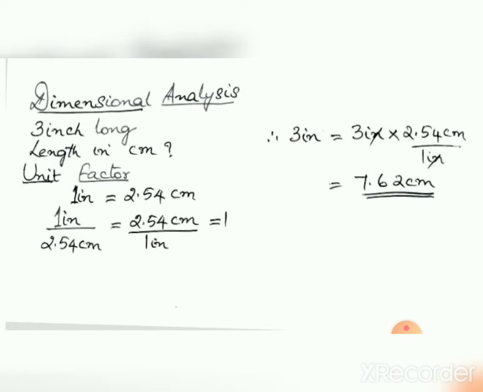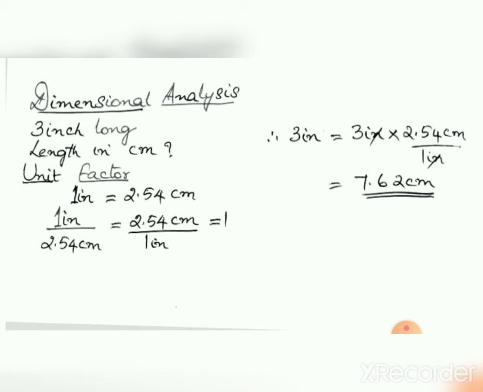Now, after finding the unit factor, 3 inch should be multiplied by a suitable unit factor so that it gets converted into centimeter. So in this case, 3 inch should be multiplied by which unit factor? Is it 1 inch by 2.54 centimeter or 2.54 centimeter by 1 inch?